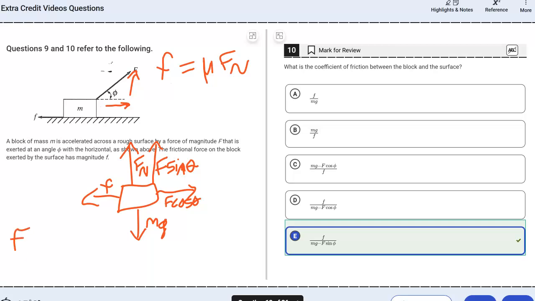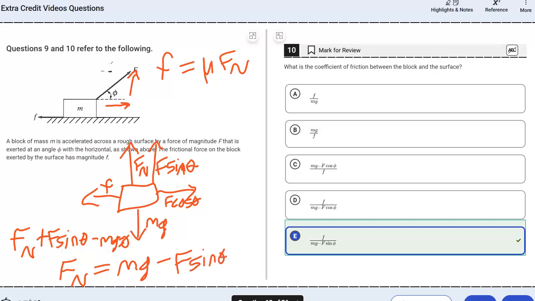So Fn plus F sine theta minus mg equals 0. So that would mean our normal force equals mg minus F sine theta.